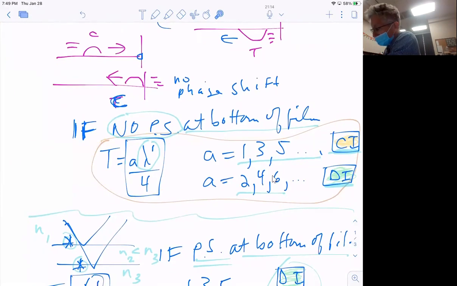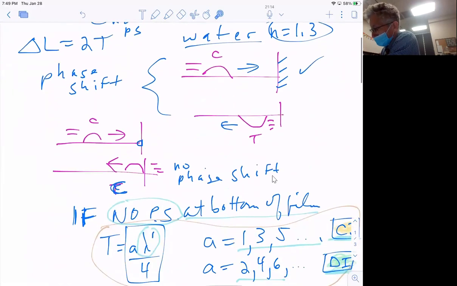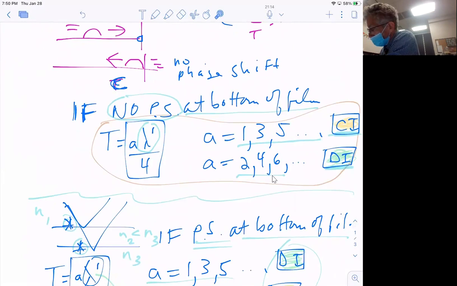Use this equation to determine whether these reflected waves interfere constructively or destructively. Either they'll build each other up and be really bright, or they'll cancel each other out and you won't see them. You will have constructive interference of those two waves when you have no phase shift at the bottom, when A in this equation is odd integers.